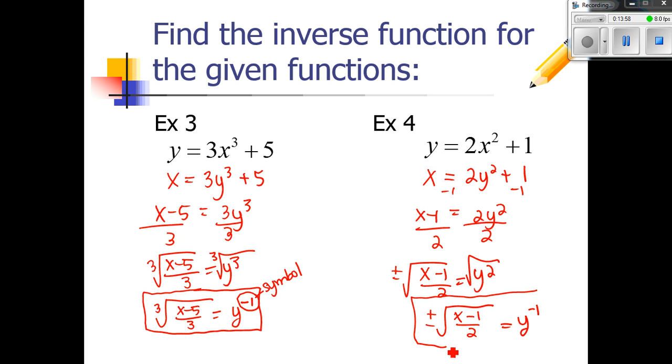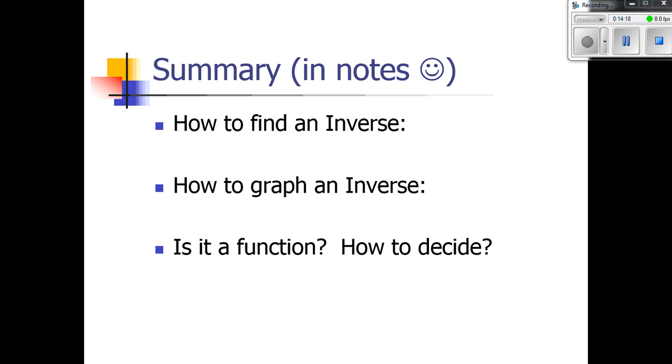And I know that this would not be a function because if it was laying on its side, it would not pass the vertical line test. But again, if you really want to know if an inverse is a function, you would use the vertical line test. All right, so we have talked about how to find an inverse a couple of ways.